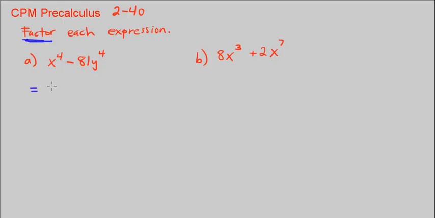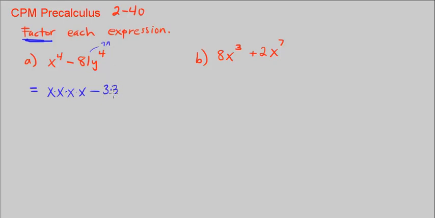So first thing you need to do is, are there any common terms in here, right? So let's look. The first thing is x to the fourth, so that's just x times x times x times x, right? Minus 81. Well, I know 81 is 9 times 9, and 9 is 3 times 3.